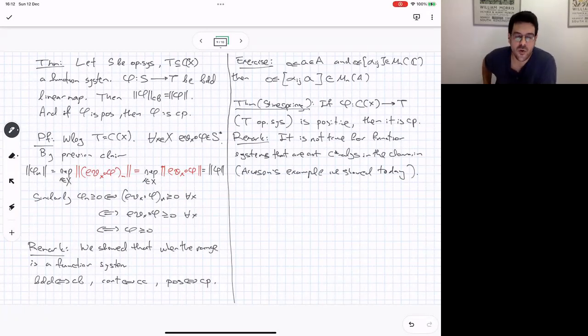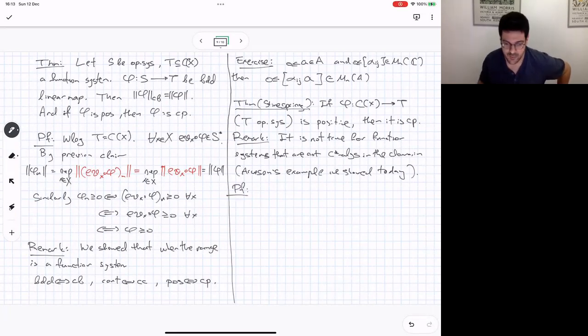So do you all know what is a partition of unity? Is there anybody here who doesn't know what a partition of unity is? Maybe I'll remind, but I'm not going to give all the details because it is kind of basic.